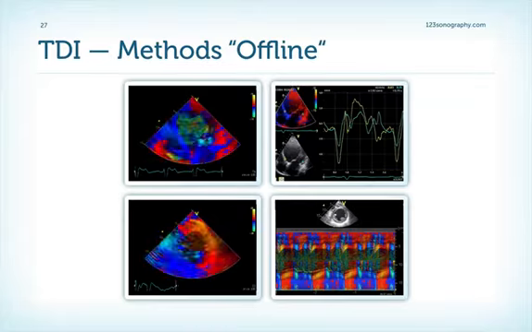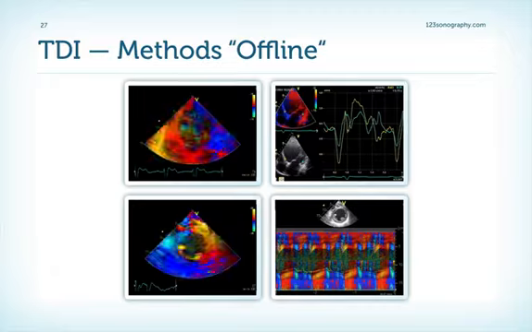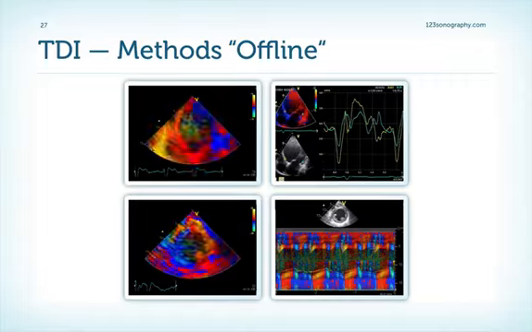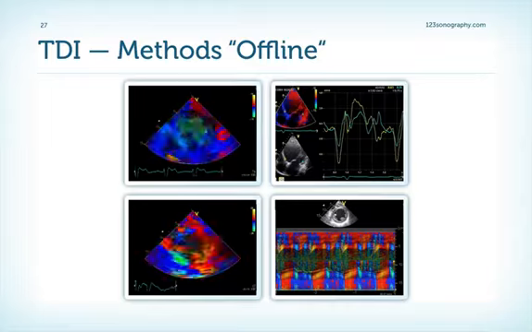In conclusion, I would like to show you that we can also use color Doppler in a different way. Not to encode the blood flow, but to encode the tissue. And this methodology is called tissue Doppler imaging. We already heard about tissue Doppler imaging when we talked about the Doppler techniques, and we'll hear much more when we talk about newer technologies in echocardiography.